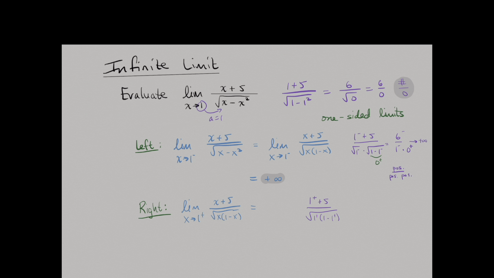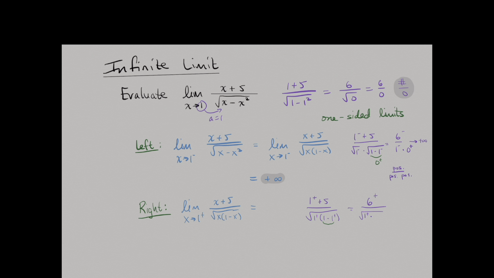Now 1 plus means a little bit bigger than 1, so the numerator is a little bigger than 6. In the denominator, we have a 1 plus inside that radical times, and now again 1 plus means a little bit bigger than 1, so something like 1.1, 1.01.